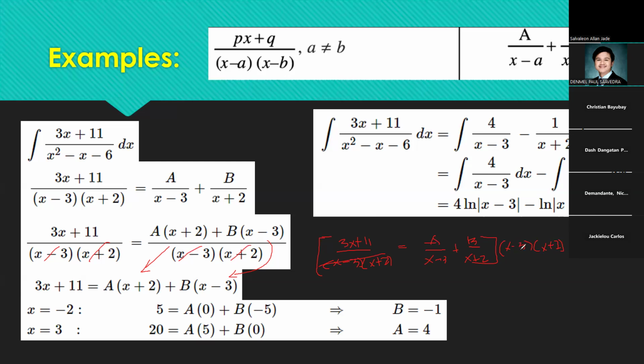And for this one, of course, A times x minus 3, x plus 2 over x minus 3. So this is the first one. I just simply multiply it to each other. Of course, this would cancel out x minus 3, retaining A times x plus 2, which is now this one.